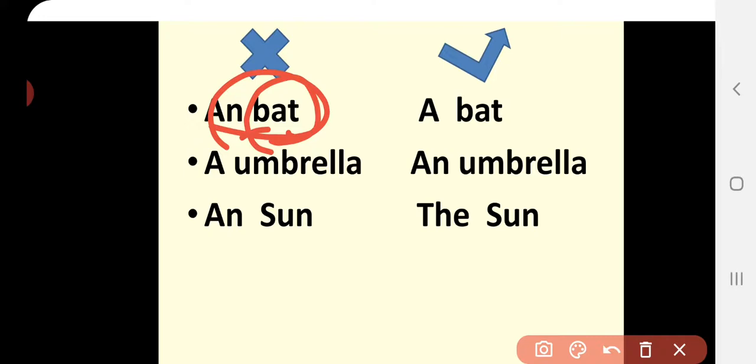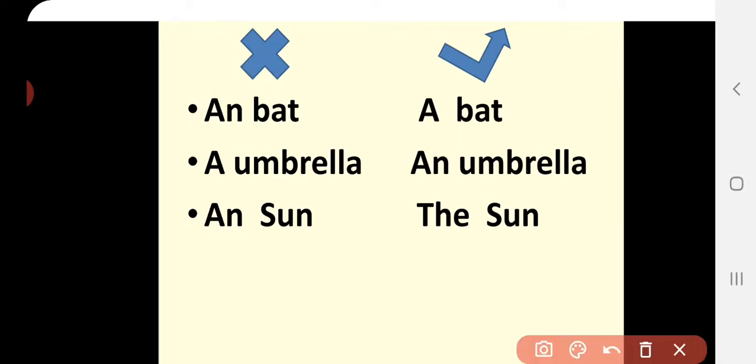Before a consonant noun we have to use the article a. So a bat is correct. We are talking about one bat here. It is a singular noun, so it is a countable noun also. We cannot use the article an here, that's why it is wrong.